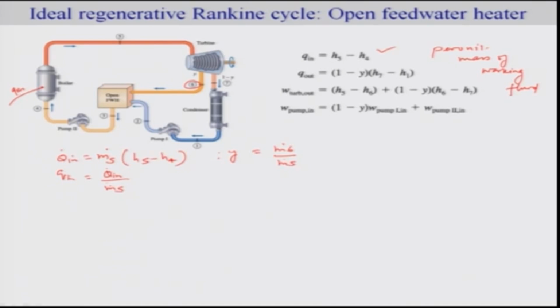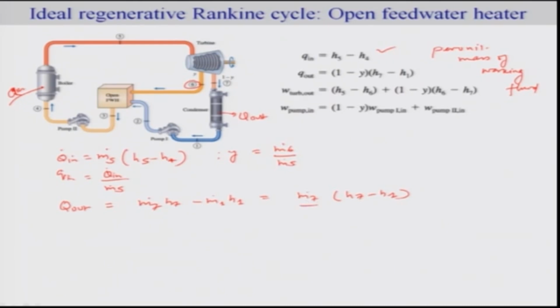Similarly we can find Q out at the condenser, okay. I can also write this in terms of capital Q: Q out is m dot 7 H7 minus m dot 1 H1, or in other words, as m dot 7 is the same as m dot 1. And what about m dot 7?